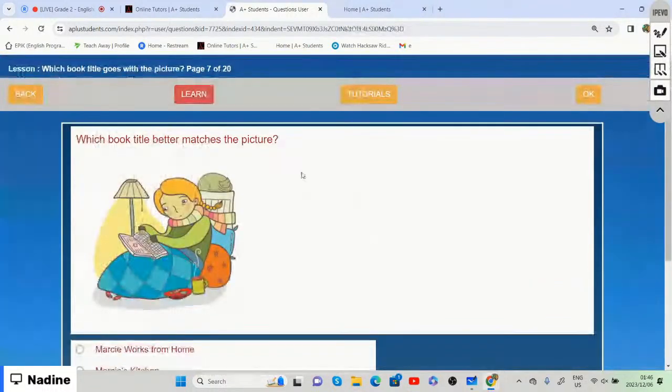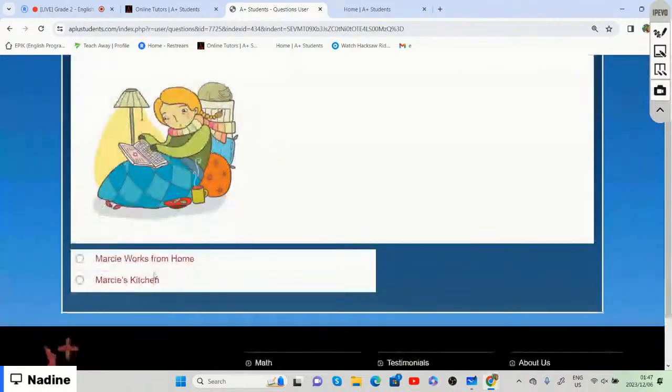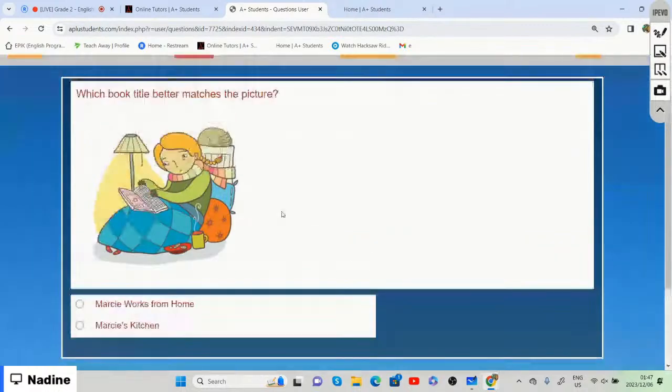All right, let's go on to the last one. The last one says, which book title better matches the picture? So is it Marcy Works from Home or is it Marcy's Kitchen? And remember, the name of your title needs to match the picture, right?